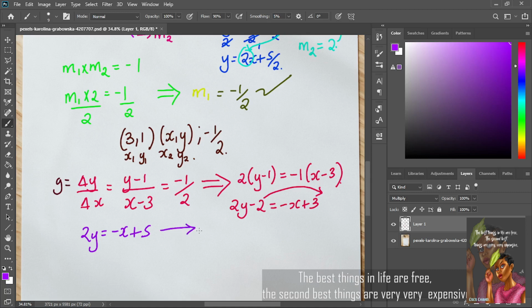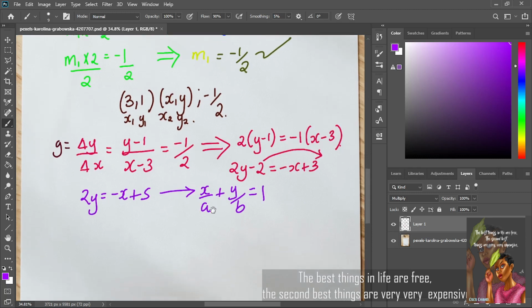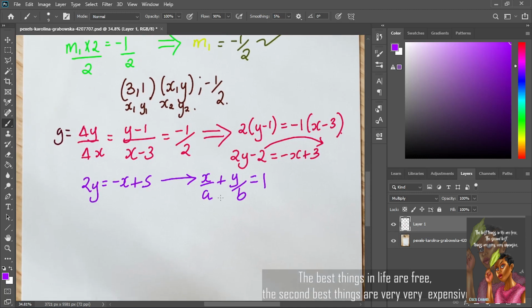Now this will be the answer, and this answer can be written in different formats, but in this case they want us to write in double intercept format, which is x/a + y/b = 1. So first we have to make sure that y and x are on the same side. So we'll have 2y + x = 5. Then I make sure this number is always 1.